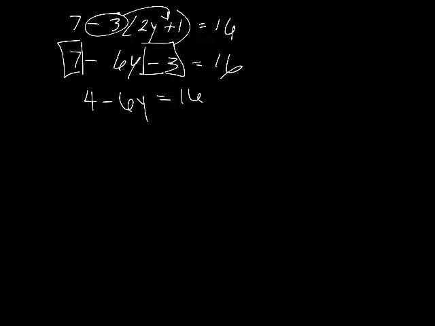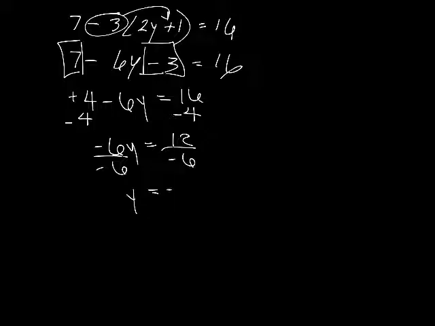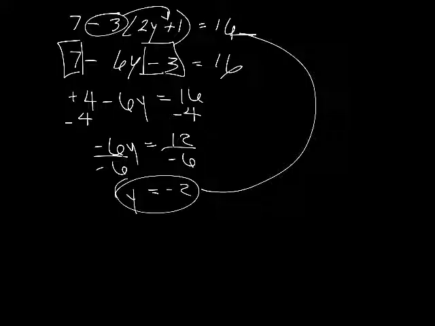Then we can, see this is a positive 4, right? So we're going to subtract 4. Subtract 4 gives me negative 6y equals 12. Divide by negative 6, divide by negative 6. My y is going to be equal to negative 2. Okay? And I'm done. And then I take this, plug it in my original one, and check it and see if it's true. And it is.